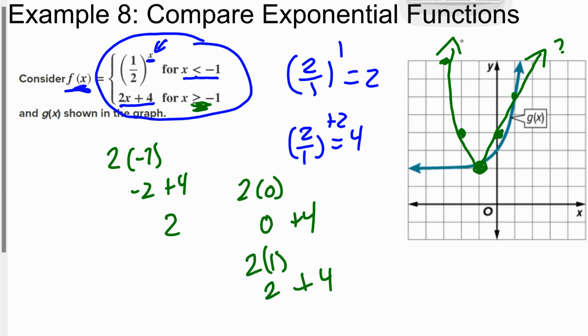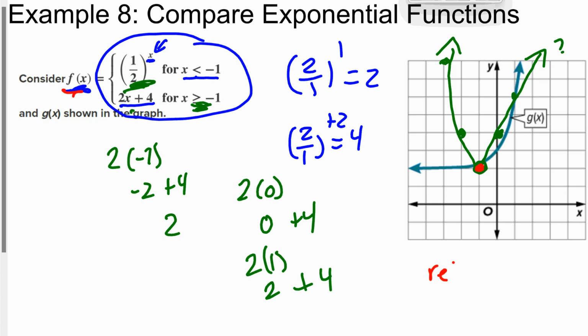Okay, so comparing these, we can see that this is an exponential decay. This blue one is an exponential growth. This one is a linear equation. Okay, so then we can also compare relative mins, relative maxes. We can see here that our relative min for this f of x is at 2, right?